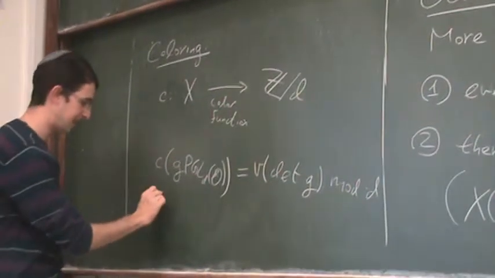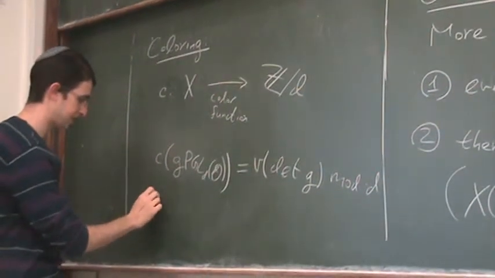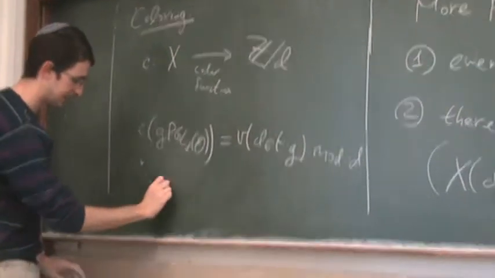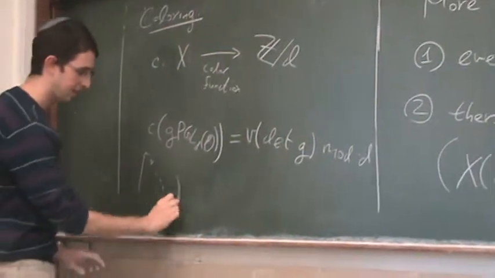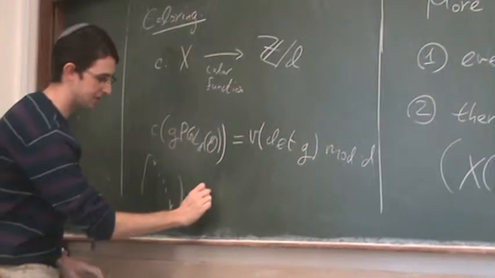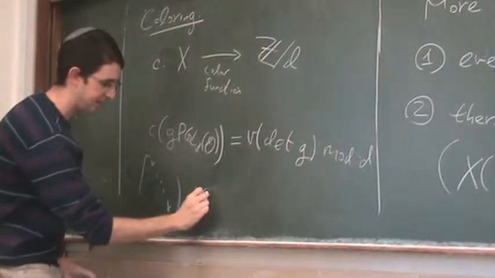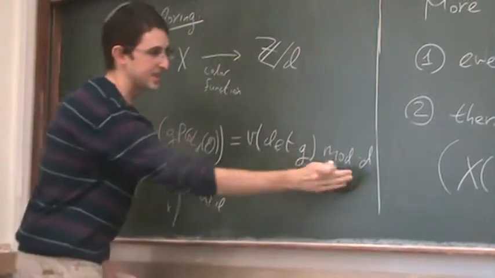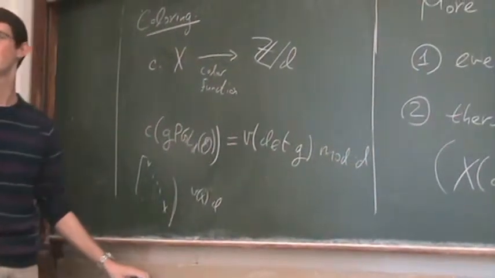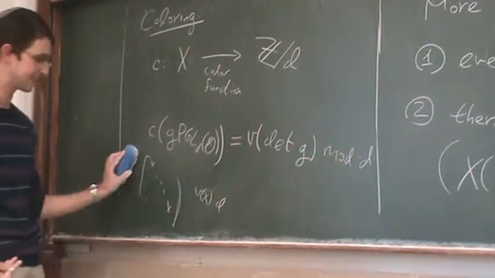If I mod out by a diagonal matrix of the form x, x, x, the determinant is x to the d, and the valuation is v(x) times d, but this cancels out since I take mod d. So it's well defined nevertheless.